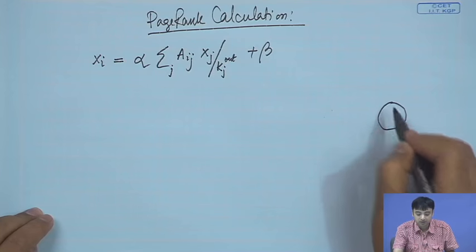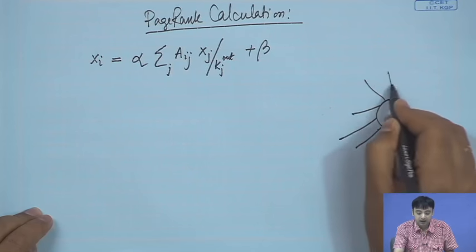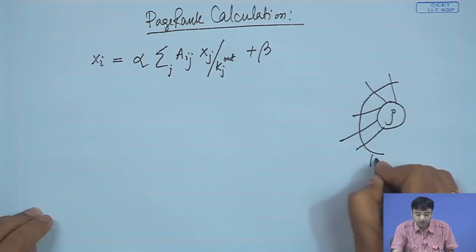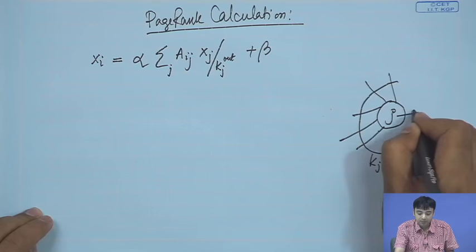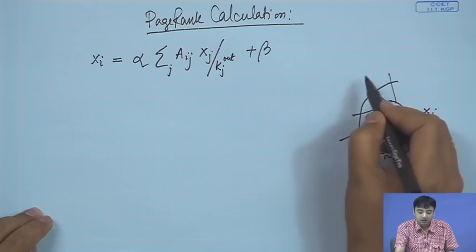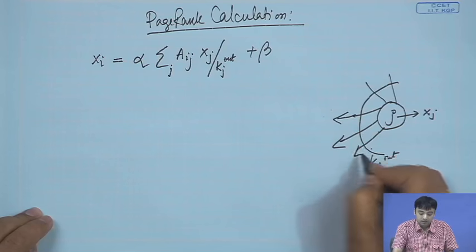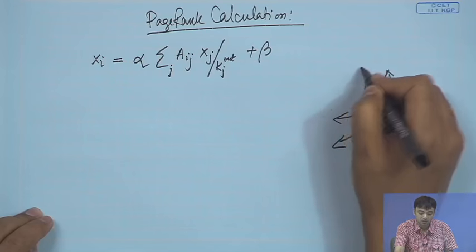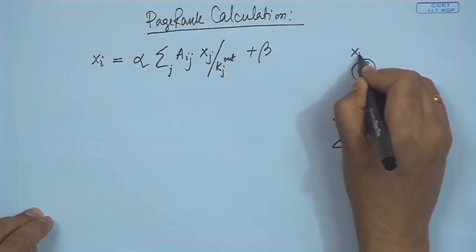Suppose there is this node j, it has an out degree of kj out, and say the popularity of the node j is xj, then each of the individual nodes that j is pointing to, one of these is actually the node i with popularity xi.